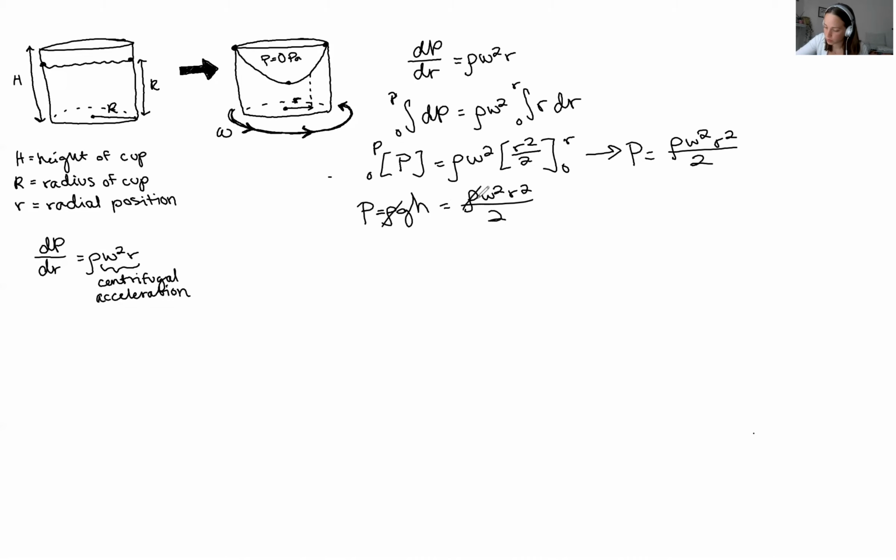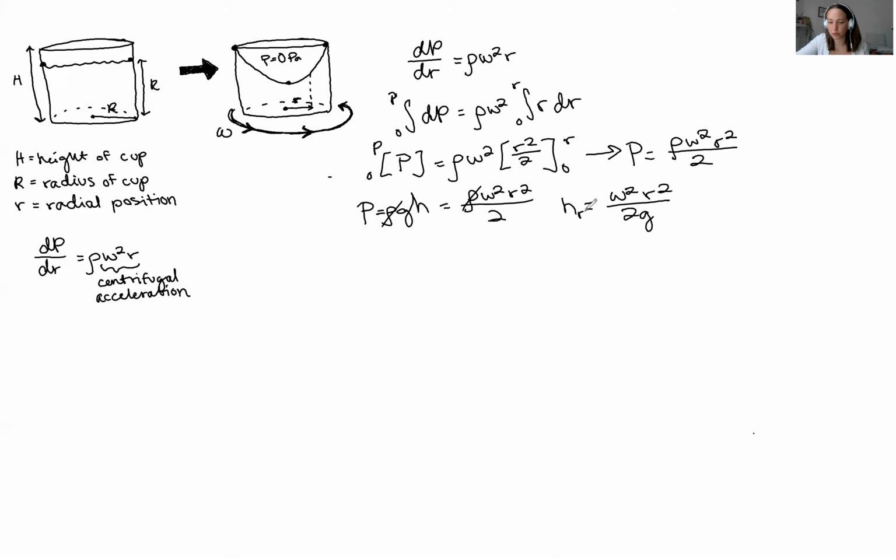So the densities cancel, and we get that for the height, because that's what we want, really. Is equal to this.